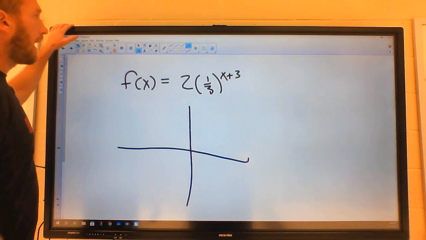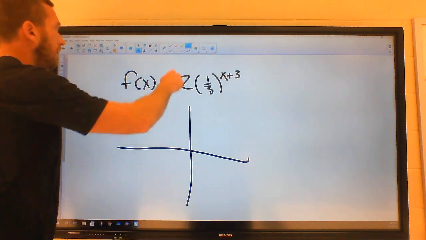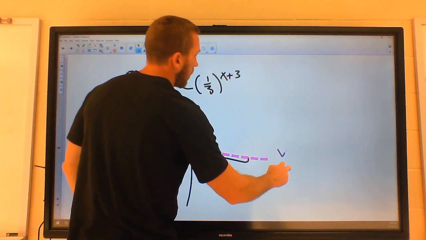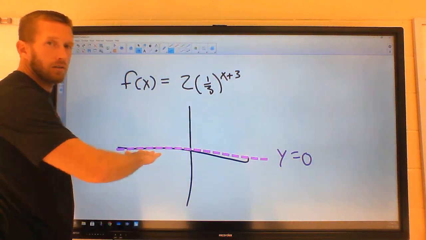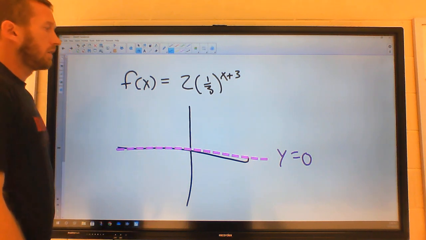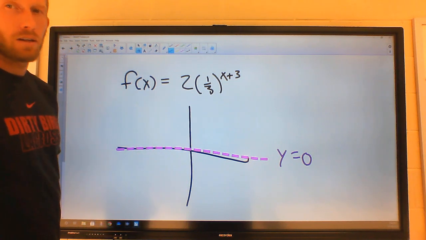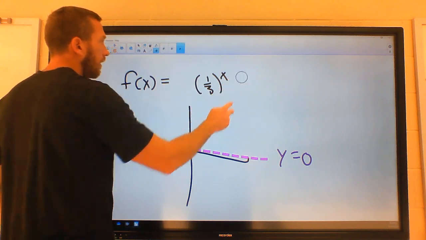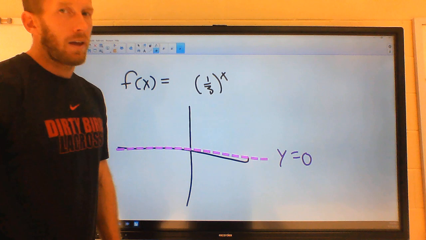Well, guess what? That's allowed. We're allowed to have nothing out there. Our asymptote would just be at y equals 0. That height, flat right on the x-axis, okay? And if we got rid of this and got rid of this, it's the same thing, okay?